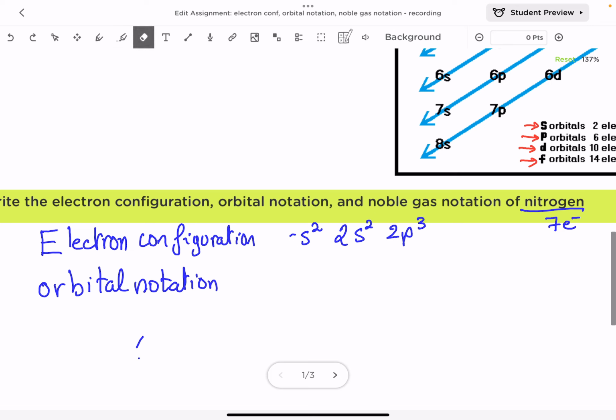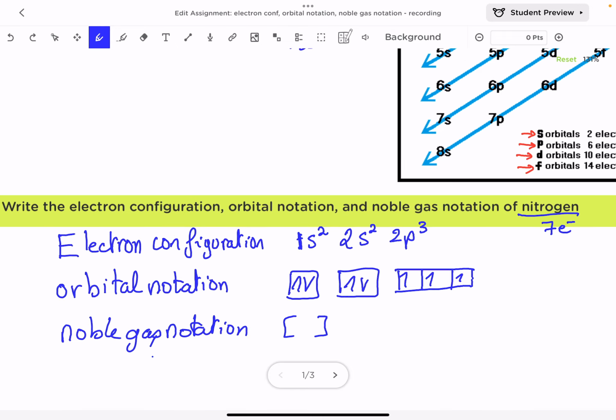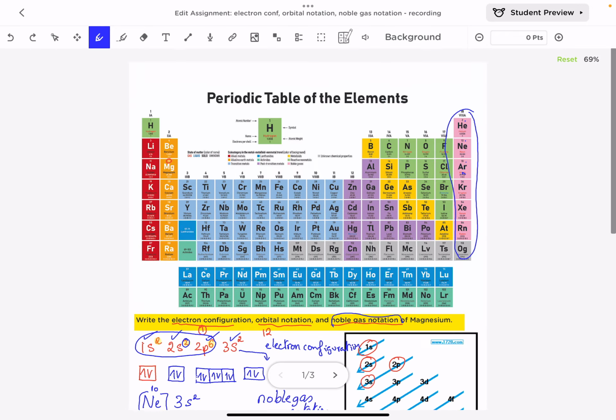Now orbital notation would be drawing these orbitals. So here the 1s2, we draw it. The 2s2, we draw it. And the 2p, we have 3 orbitals, each one containing 1 electron. Finally, the noble gas notation. We select from the periodic table a noble gas, and then we continue with the rest.